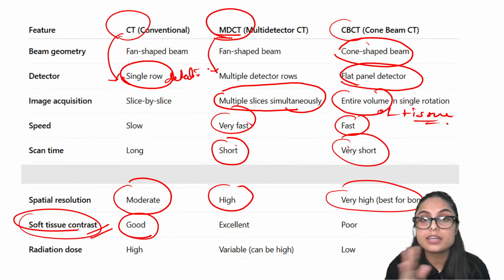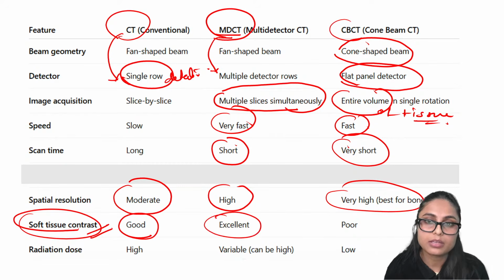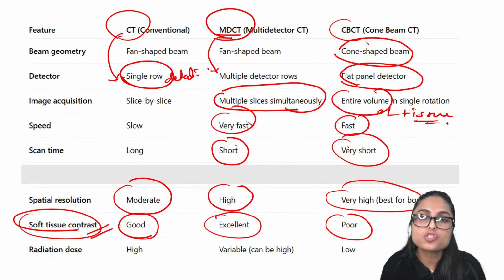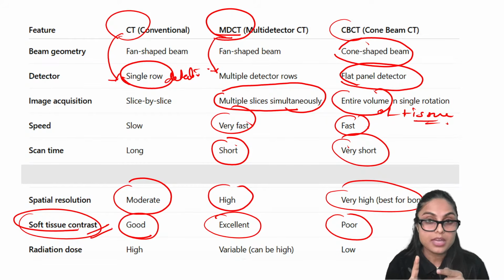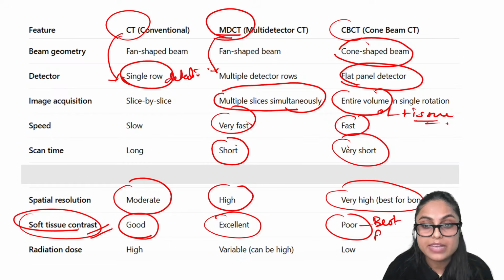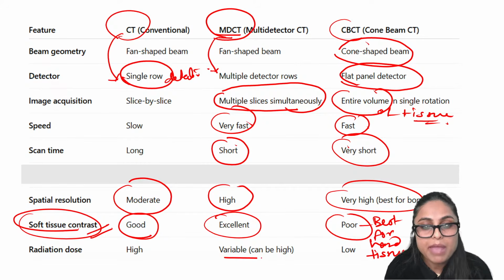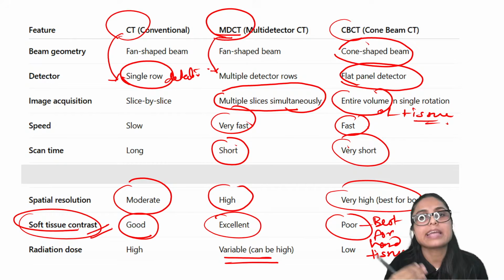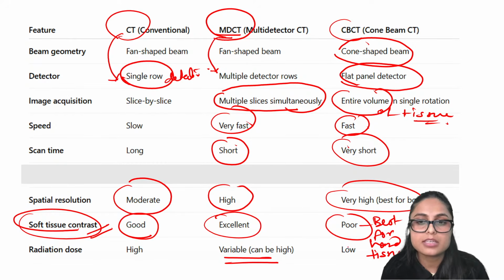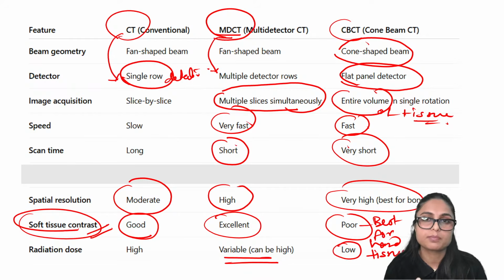MDCT gives us excellent soft tissue contrast. CBCT gives us poor soft tissue contrast, but CBCT is best for hard tissue. Now radiation dose: CT scan has a high radiation dose, MDCT is variable or can be high but same as CT scan, and CBCT gives us a low radiation dose.